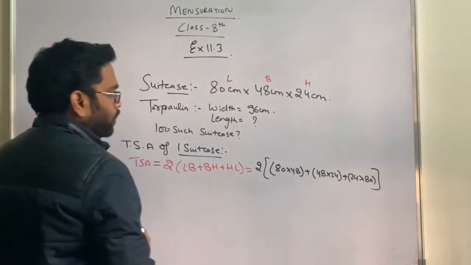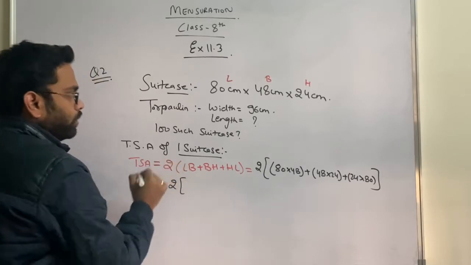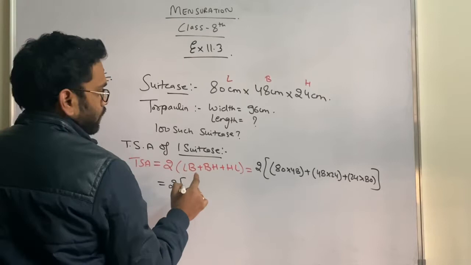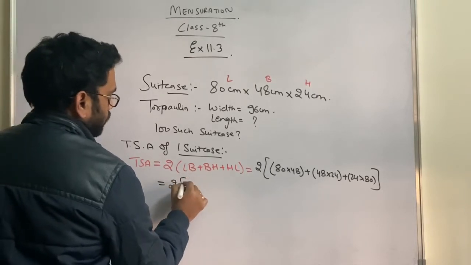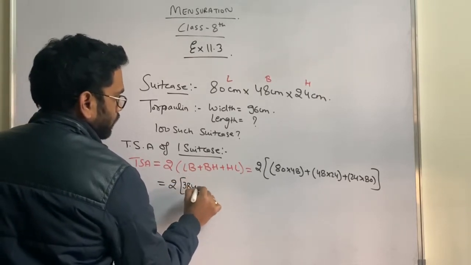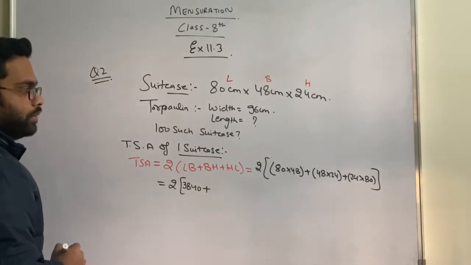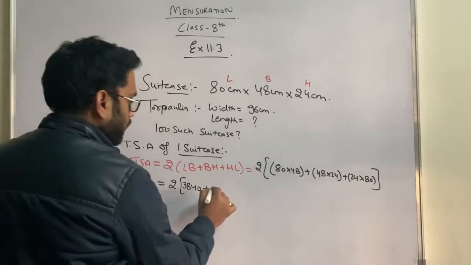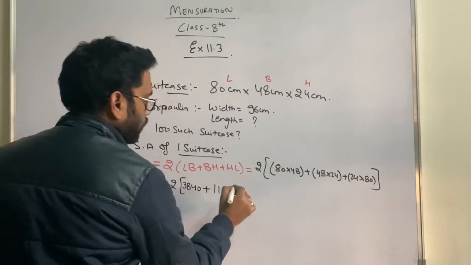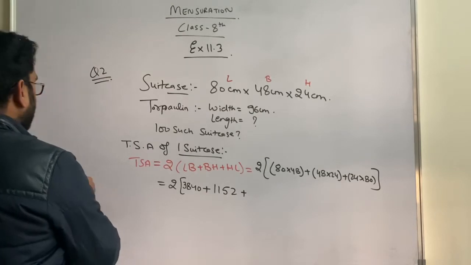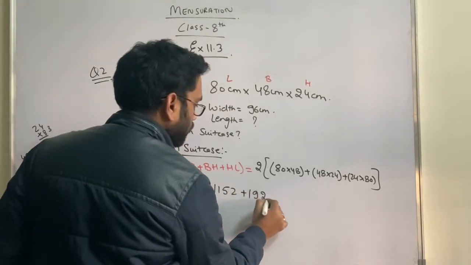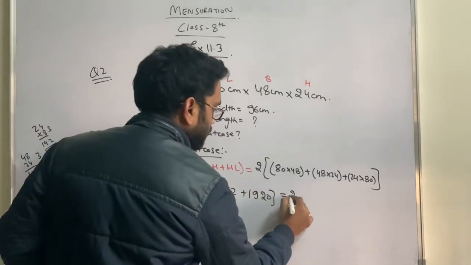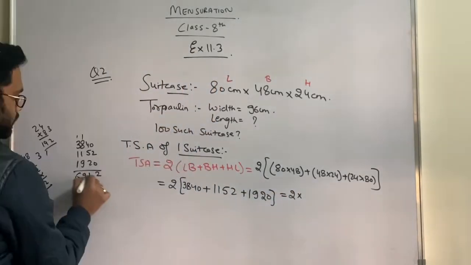So this is my total surface area. 2 bracket, 80 into 48 is 3840 plus 48 into 24 is 1152 plus 24 into 80 is 1920.